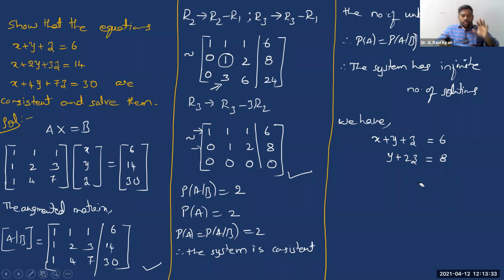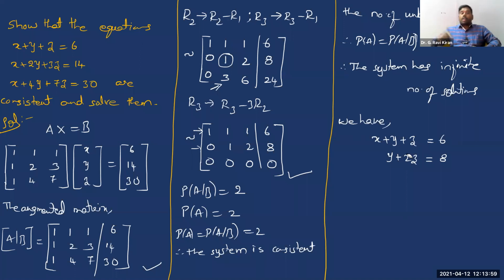So what you got here, finally, you got exactly 2 equations, but there are 3 unknowns. Normally what happens, when there are 2 equations, you expect only 2 unknowns. Then only we say the system is balanced. Correct? When you have 2 equations, there must be 2 unknowns only. But see here, there are 3 unknowns.